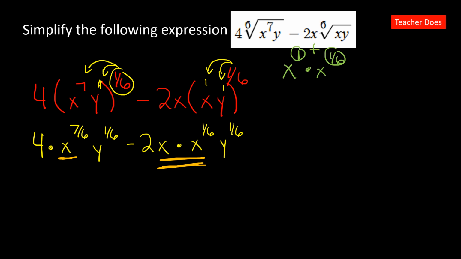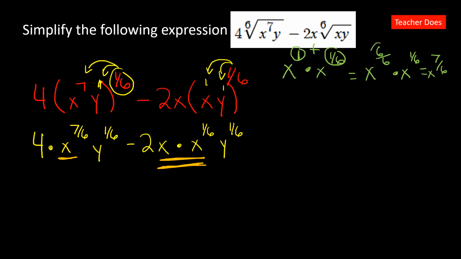Well, just like fractions, I can't just add them. It's not 1 and it would be 2/6. That doesn't work, right? We have to have common denominators. So 1 is essentially the same thing as x to the power of 6/6 times x to the 1/6 equals, well, if I add these together, I get x to the power of 7/6.